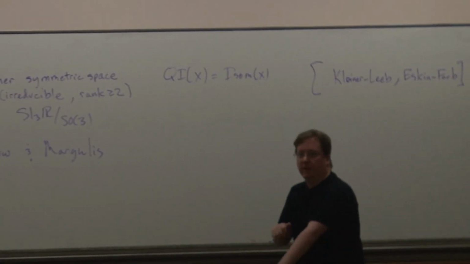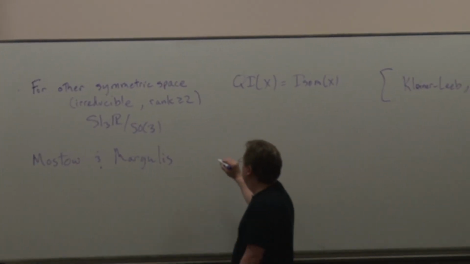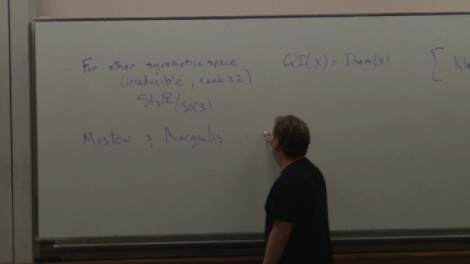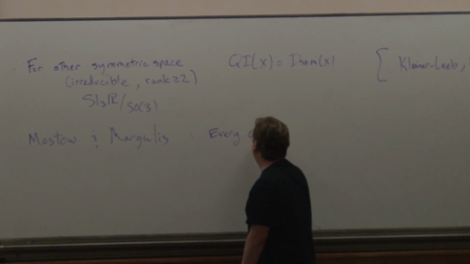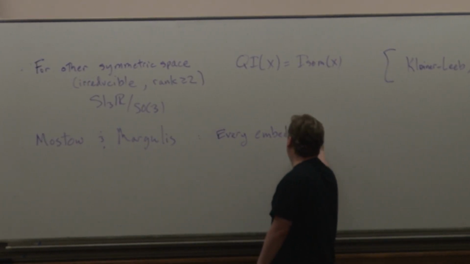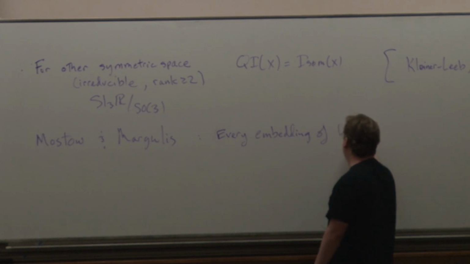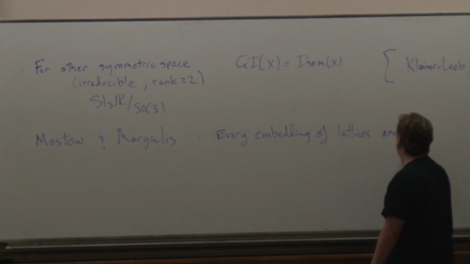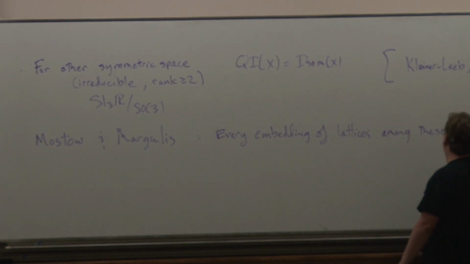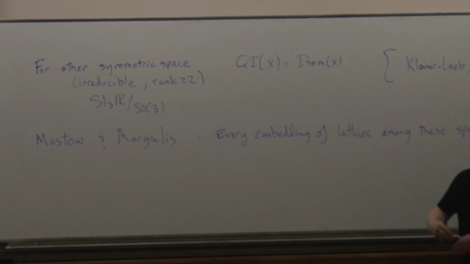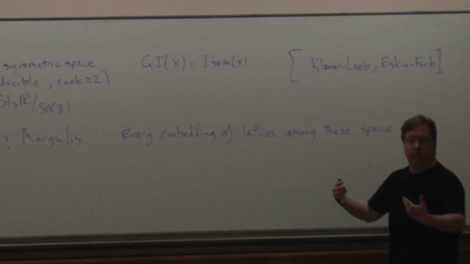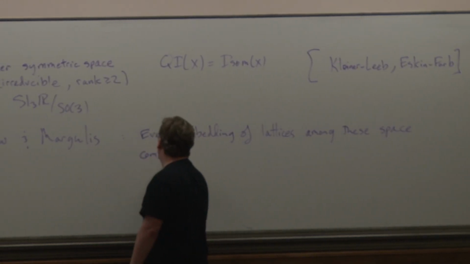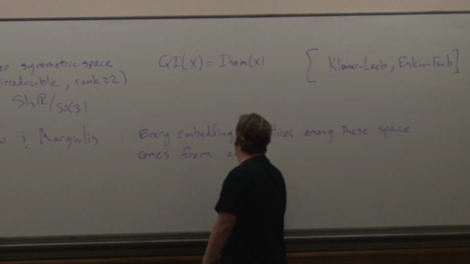It says, in this setting, I'm not going to list all the hypotheses, but every embedding of lattices among these symmetric spaces, in particular every isomorphism from one lattice to another, just on the group theory level, comes from an isometric embedding.